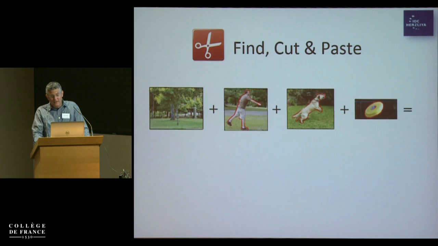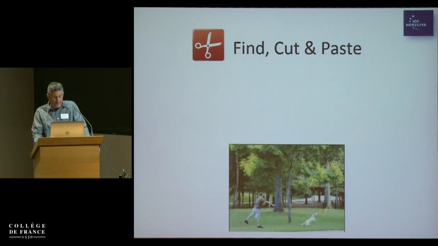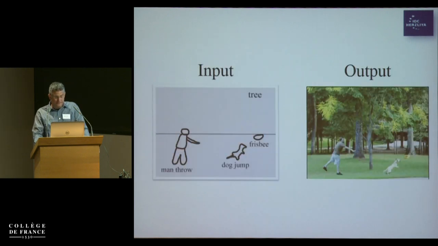We find, cut and paste those elements, and you can see here the original images where these elements come from, and then we paste them back, again using the computer, to create the final image, which is, again, not a real image, but something that someone had in his own mind. So the input is a fairly crude sketch. The output is a, let's say, rather photorealistic image. It's not exact, sometimes it's better, sometimes it's worse.